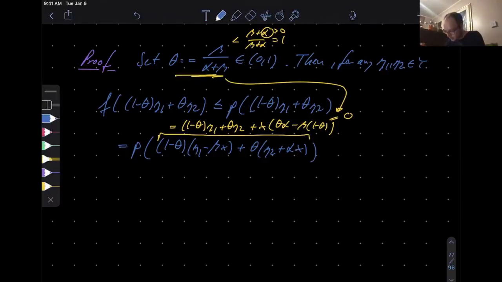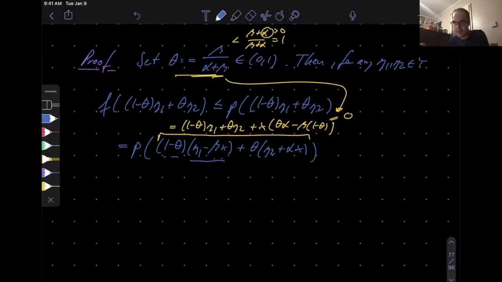All right, good. And now you apply convexity of p, right? So this is 1 minus theta something here. And remember, p is a function that is convex on the whole space X, not just on the subspace, because here this quantity, of course, in general is not in Y anymore.